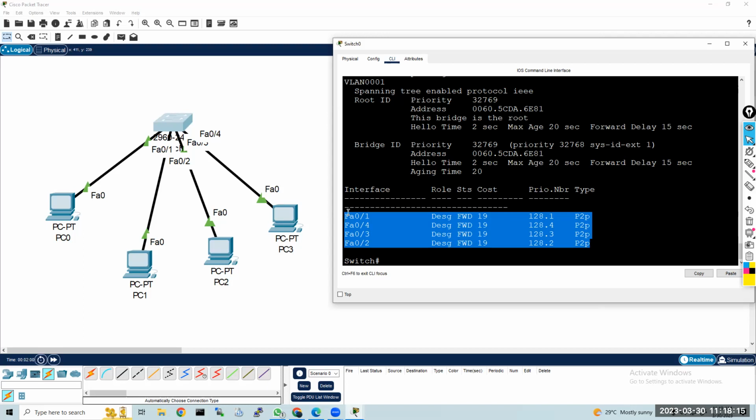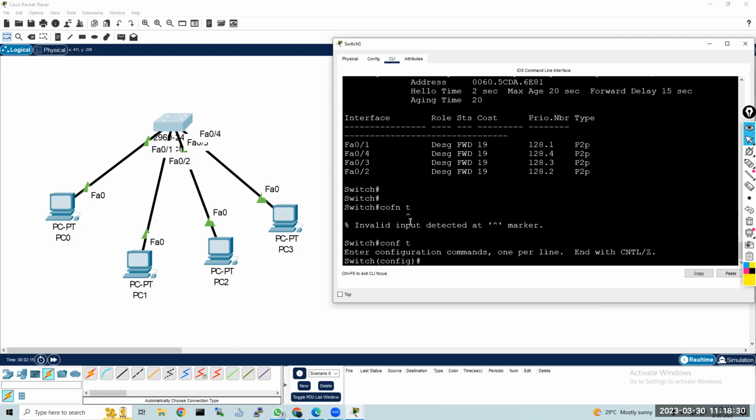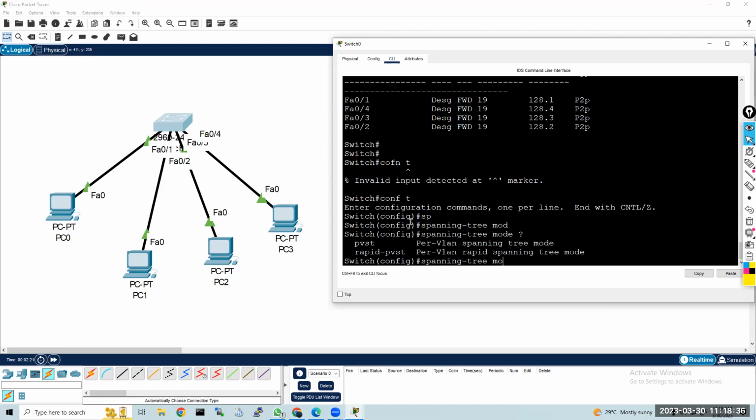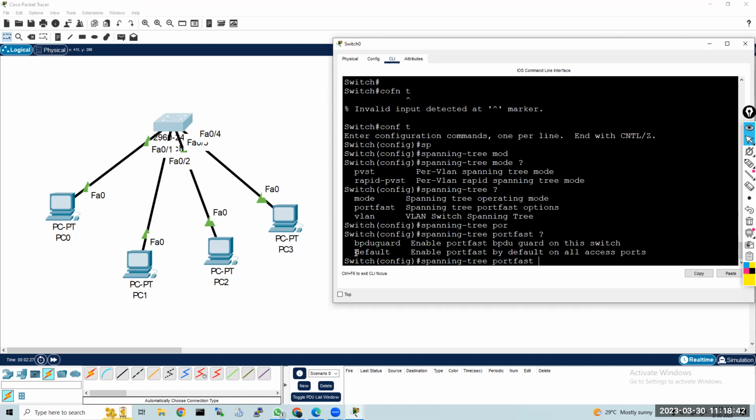Understood. There's one more command, BPDU guard enable. What does it mean? In global configuration mode, spanning-tree portfast, give the question mark. Here we have used default, which means enable PortFast by default on all the access ports. Now BPDU guard: enable PortFast BPDU guard on this switch only.